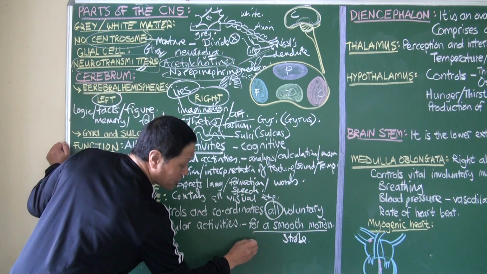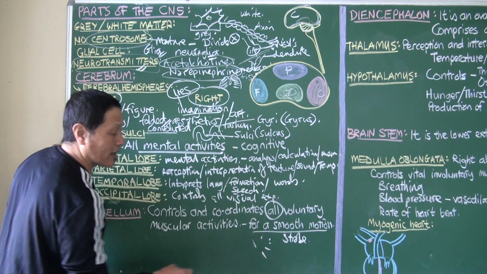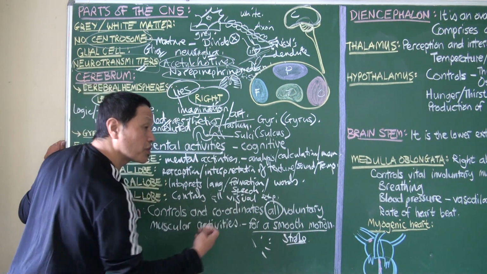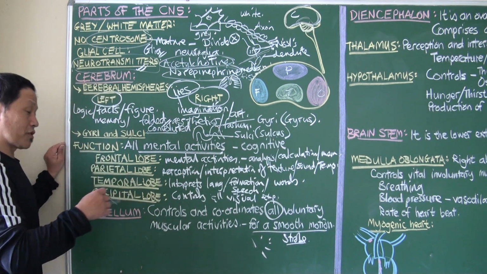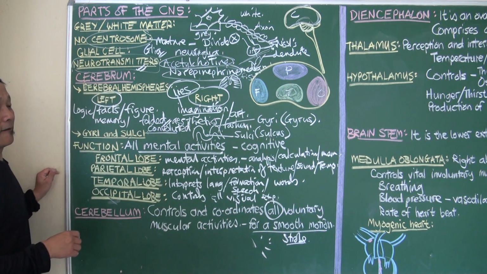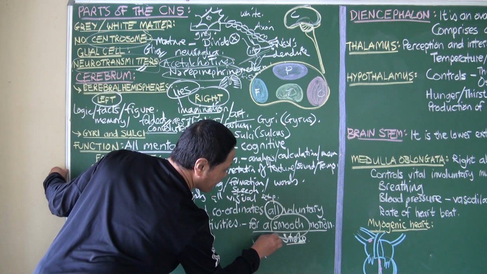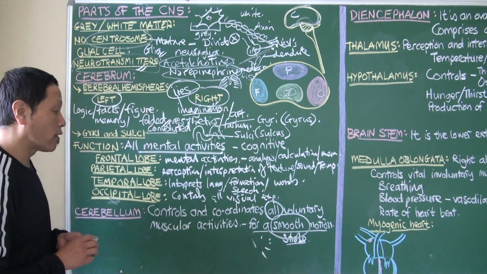You've seen those lights, they just blink along with the beat. So that's a strobe light. Similarly, strobe motion is also not a smooth motion, but it stops regularly. So in order to bring a smooth motion, the cerebellum has to control the working of different muscles.